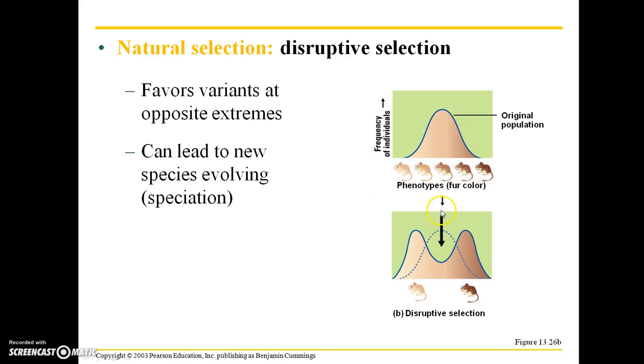There is some selective pressure here. Maybe it's predation, maybe it's a changing climate. This selective pressure is going to reduce the number of medium brown phenotype individuals in that population. As a result, there are going to be more individuals with very light and very dark fur color.